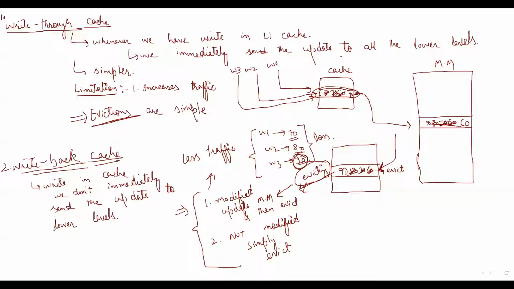Okay, so what we are going to do with every entry, we add an extra bit, and this extra bit gives us information whether that entry was modified or not.